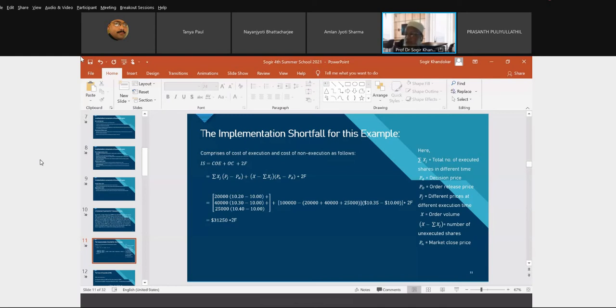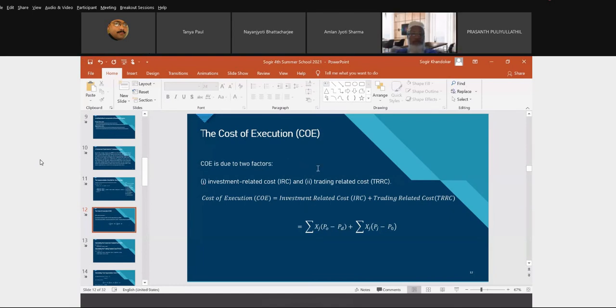Cost of execution is divided into two factors: investment related cost and trading related cost. Investment related cost arises during the investment decision phase.